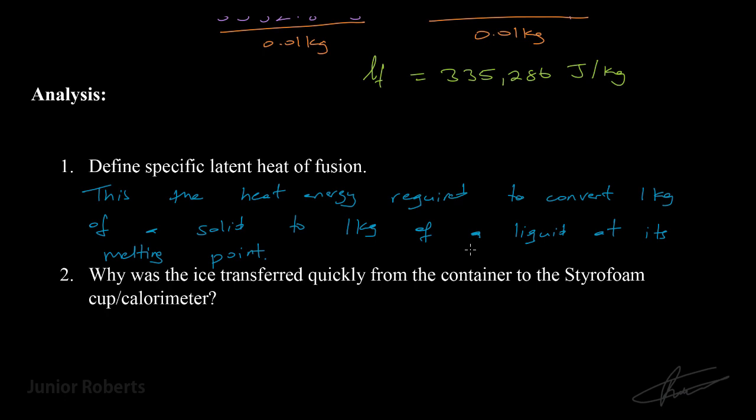In terms of the ice, the specific latent heat of fusion is just the heat energy required to change 1 kilogram of the ice to 1 kilogram of water at 0 degrees Celsius. So that's the specific latent heat of fusion.